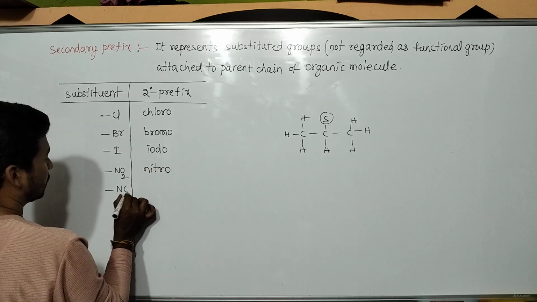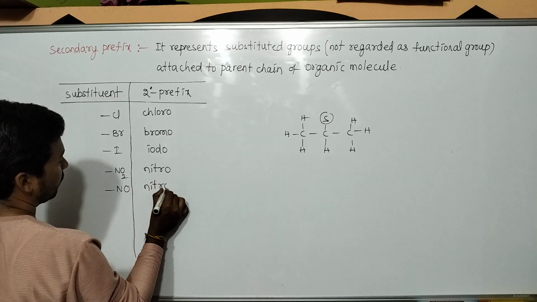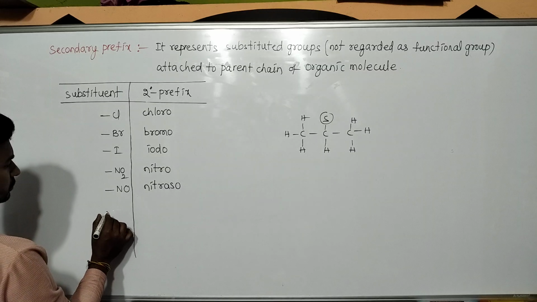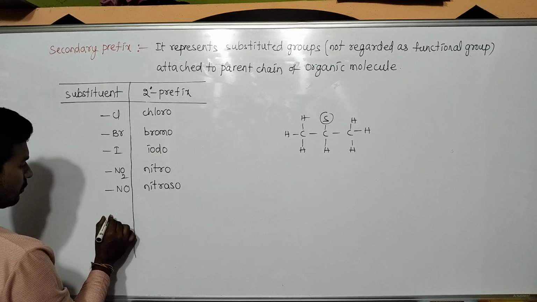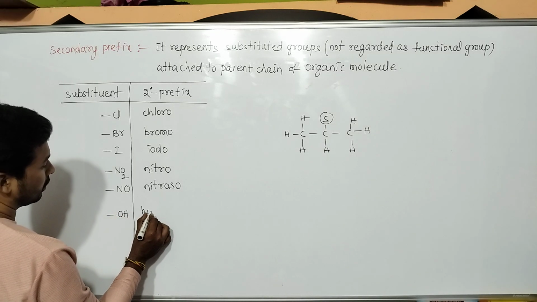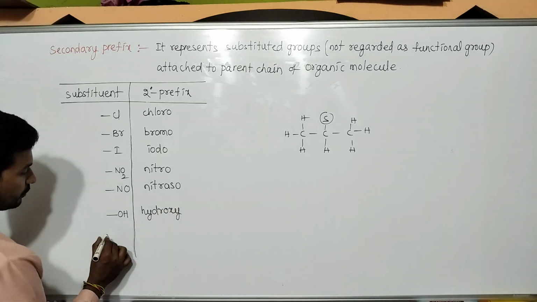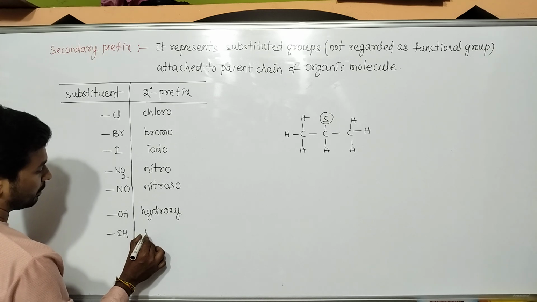If NO group substitutes hydrogen, we write the secondary prefix nitroso. If an OH group substitutes, we write hydroxy. If an SH group is substituted, we write mercapto.